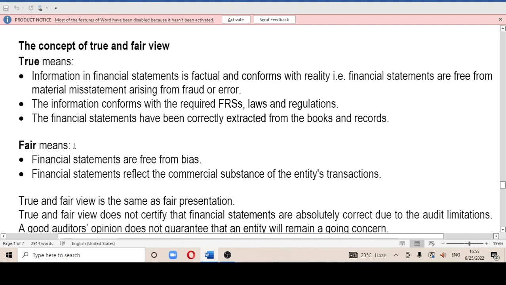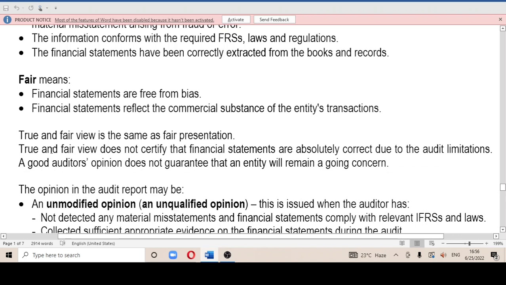So moving to what fair means, financial statements are free from bias, and also financial statements reflect the commercial substance of the entity's transactions. Then true and fair view is the same as fair presentation, and true and fair view does not mean that financial statements are absolutely correct, due to the audit limitations, which we are going to be looking at as we are concluding.